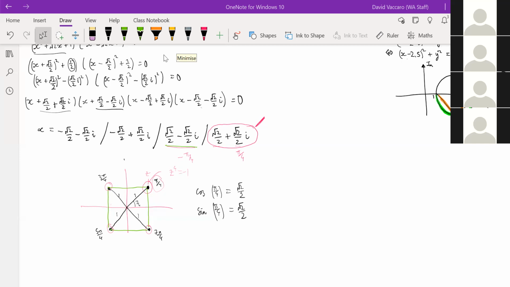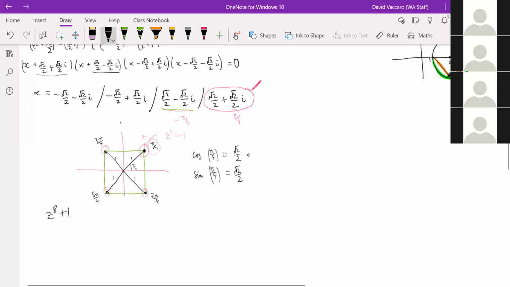That hasn't told me anything new, because these are our familiar standard trig ratios. But if we could solve z to the 8 plus 1 equals 0, we could get a similar expression for cos pi over 8 and sine pi over 8.